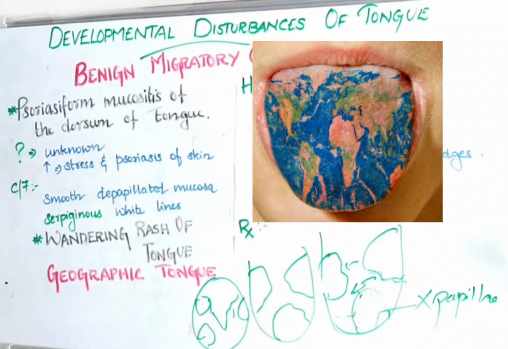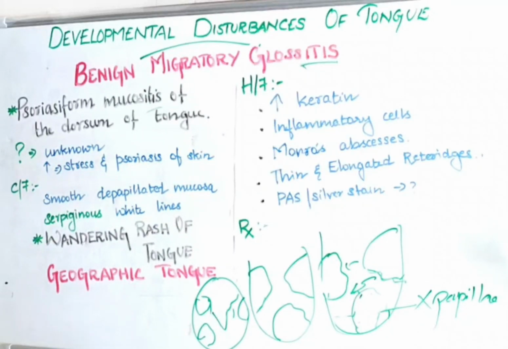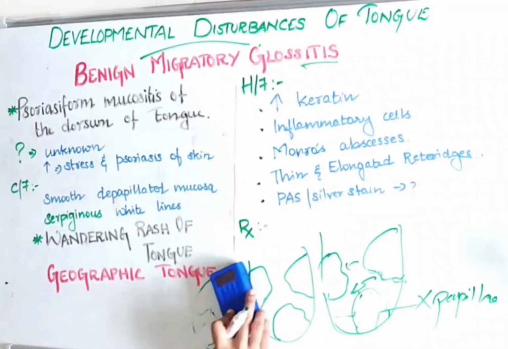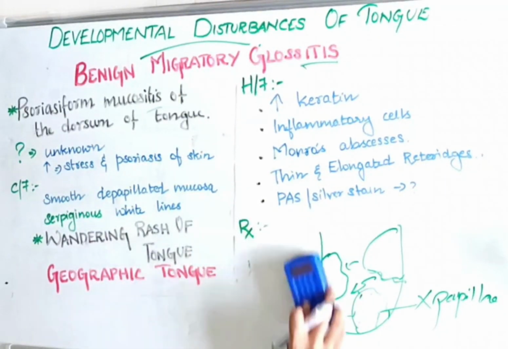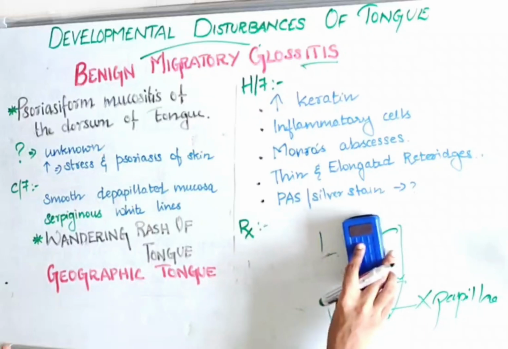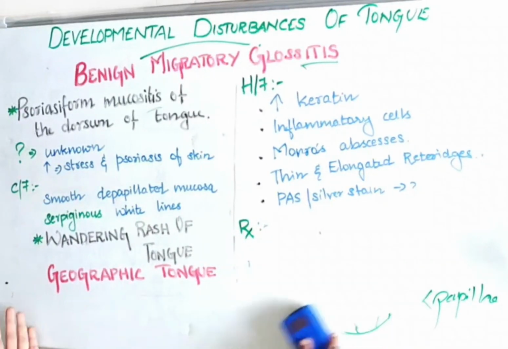Because in geography, what we study mostly is something related to earth, something related to the globe. Since the outline somewhat matches the outline of the globe, they call it geographic tongue. Most of the time, more than benign migratory glossitis, it is called geographic tongue.